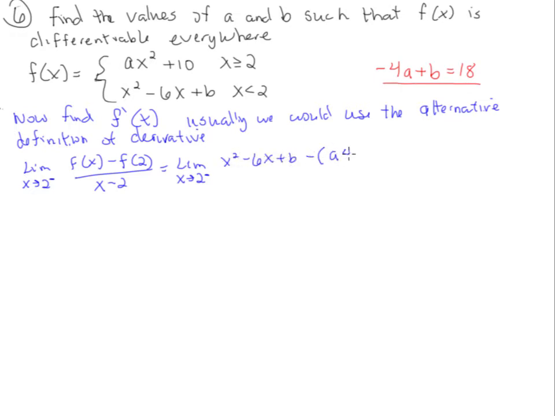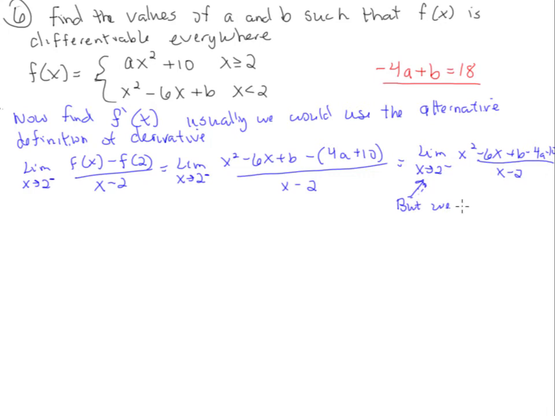to get the derivative of the top equation, ax squared plus 10, and then the derivative of the bottom equation, and I'm going to make a piecewise defined derivative, and then I'm going to look at those and set my limit to the left and limit to the right equal to each other to figure out my second equation.